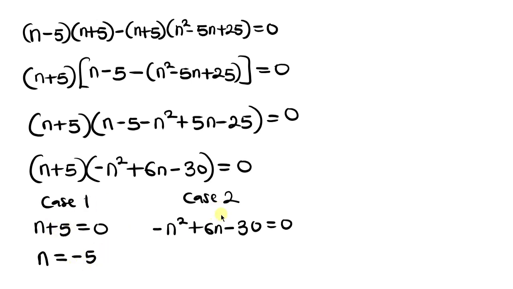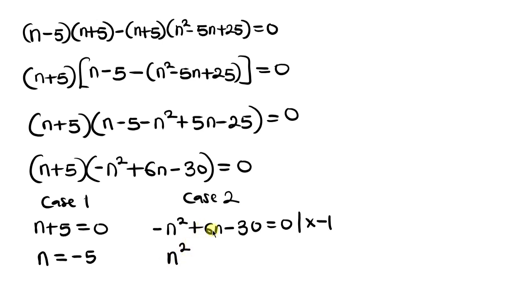Now let's focus on our second case. For this second case, you notice that the coefficient of n squared is negative. I don't want it that way. So what I'm going to do is multiply this through by negative 1. So negative 1 times negative n squared gives positive n squared.